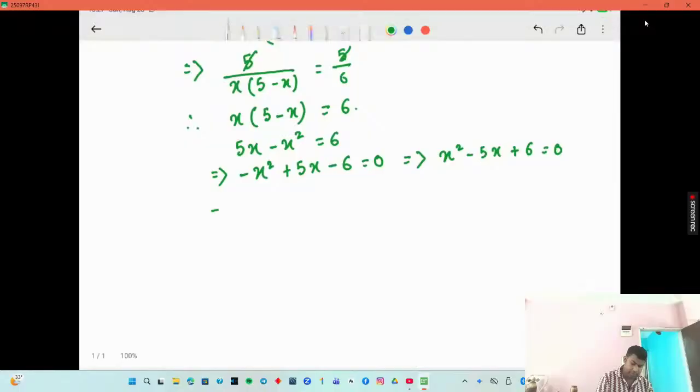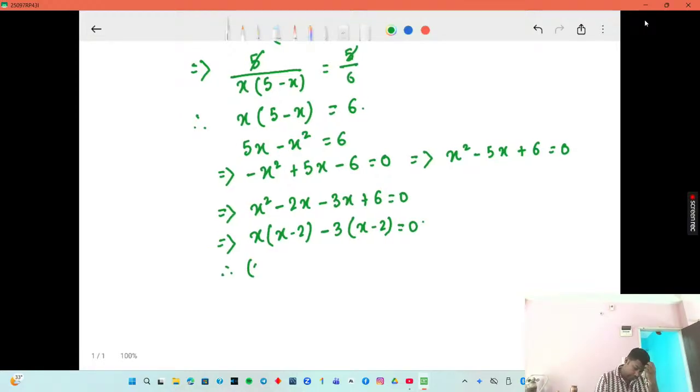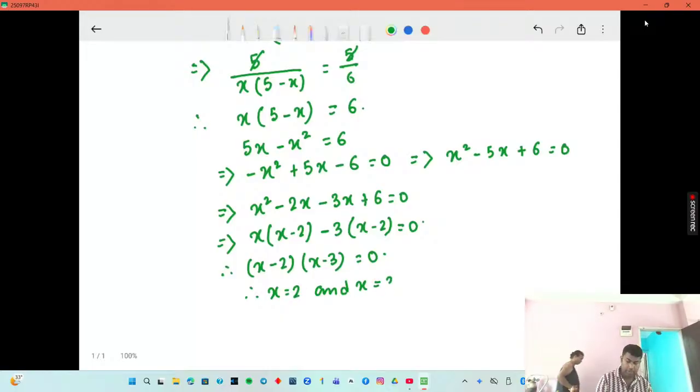So now we can write this as x squared minus 2x minus 3x plus 6 is equal to 0. So x into x minus 2 minus 3 into x minus 2 is equal to 0. Therefore, x minus 2 into x minus 3 is equal to 0. Therefore, x is equal to 2 and x is equal to 3.